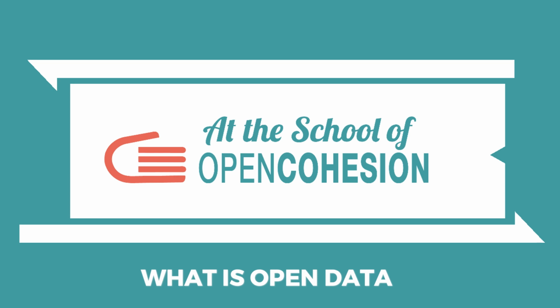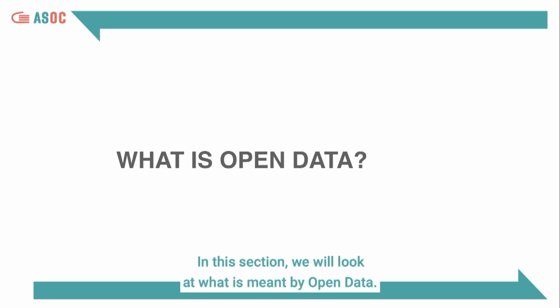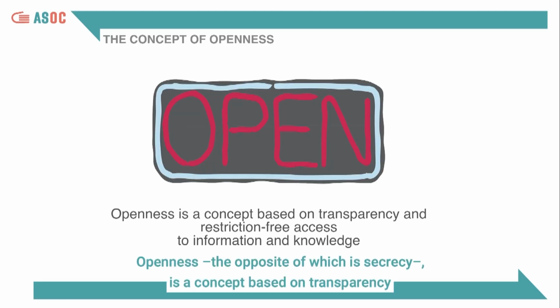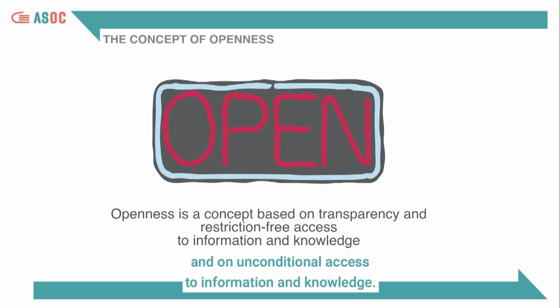What is open data? In this section, we will look at what is meant by open data. Openness, the opposite of which is secrecy, is a concept based on transparency and on unconditional access to information and knowledge.